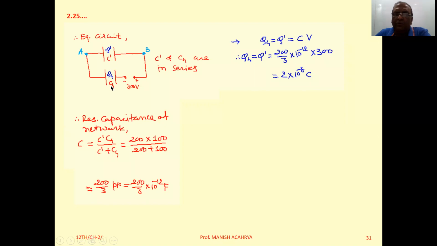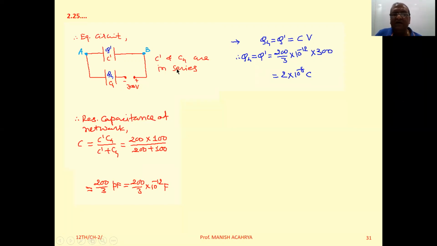Suppose on C4 the charge is Q4 and on C dash the charge is Q dash, but when both the capacitors are in series, Q4 and Q dash are the same, and we can write as per the equation Q equal to CV, Q4 equal to Q dash equal to CV.